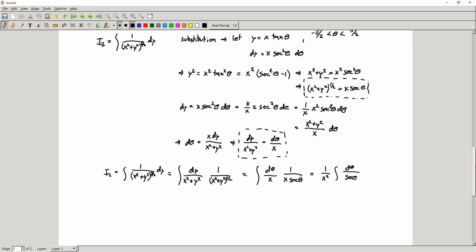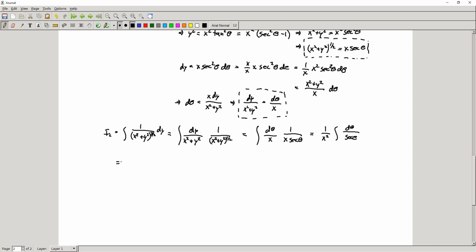And I'm kind of making a mess of this, but we'll just keep going along the same line here. So we can clean this up, and we end up with a 1 over x squared integral cos theta d theta, right? And at this point, it's just a simple matter of doing this integral. We can do that integral, and we end up with a 1 over x squared sine theta plus c, right?